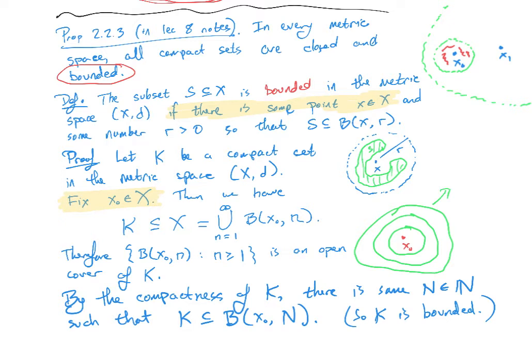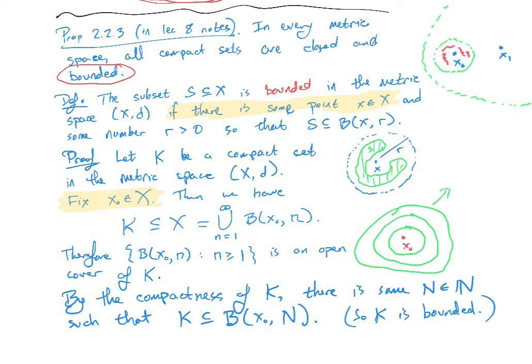Okay, before we go on to the second half of the proof, one more thing you should think about. What are the bounded subsets of a discrete metric space? Well, it would be all of them, correct?